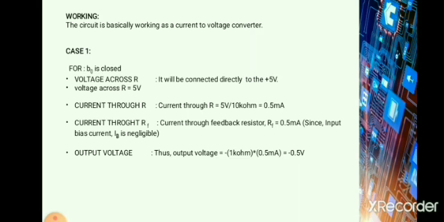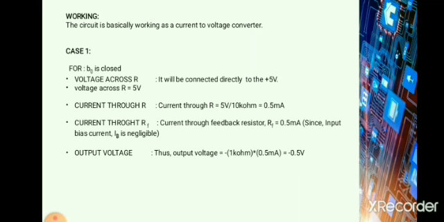Current through resistor R will be V by R, that will be 5 volts divided by 10 kilo ohms, that is 0.5 into 10 power minus 3, 0.5 milliamps. Current through RF, that is the current through the feedback resistor RF, will be 0.5 milliamps. Since input bias current IB is negligible here, we will take it as 0.5 milliamps.